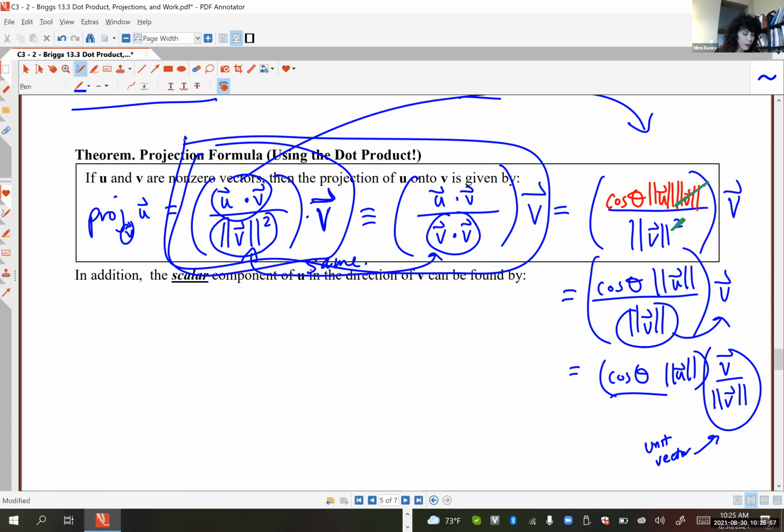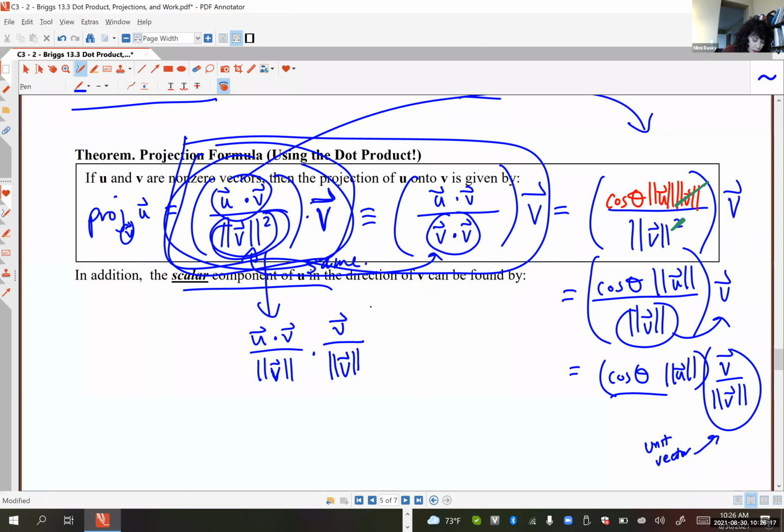Now, what about the scalar component of U in the direction of V? Well, if I take my version and rewrite it, I have two magnitude factors down below, magnitude of V squared. But what if I put one of them underneath the vector V? So it looks like this.